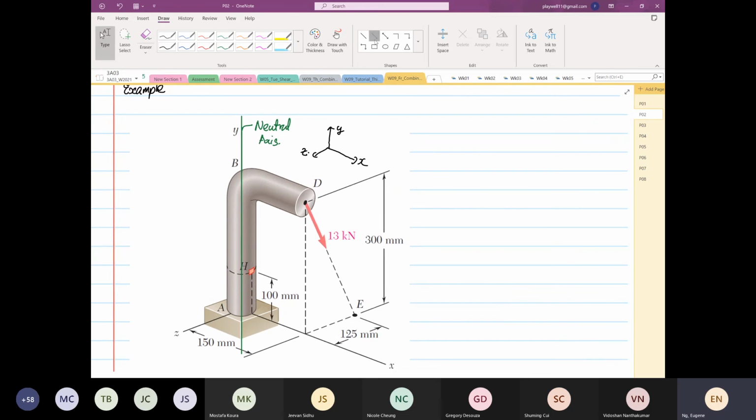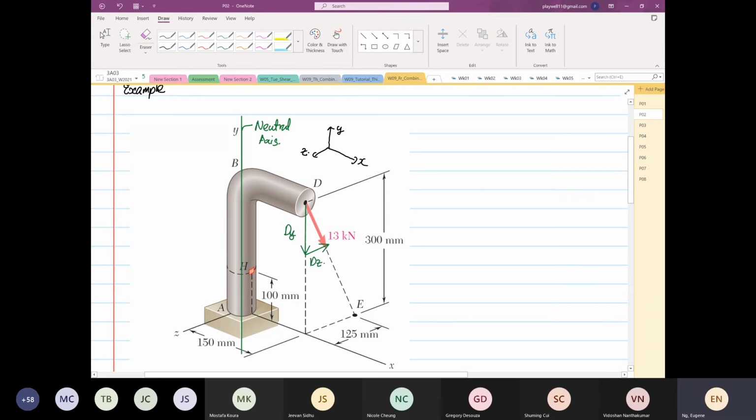The 13 kilonewton force is acting on the YZ plane. One force will be coming down here, then you have another force coming this way. The force coming down vertically is our Fy. The one running horizontally is our Fz. I'm going to call it based on the location, dy.